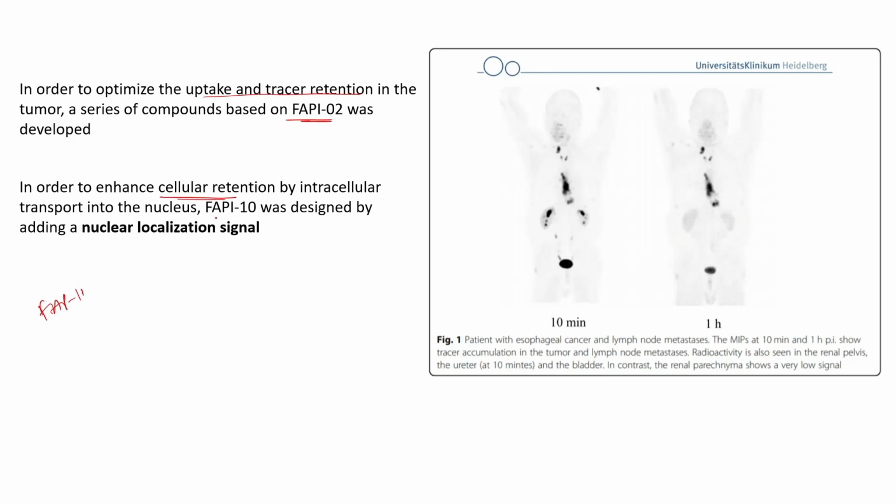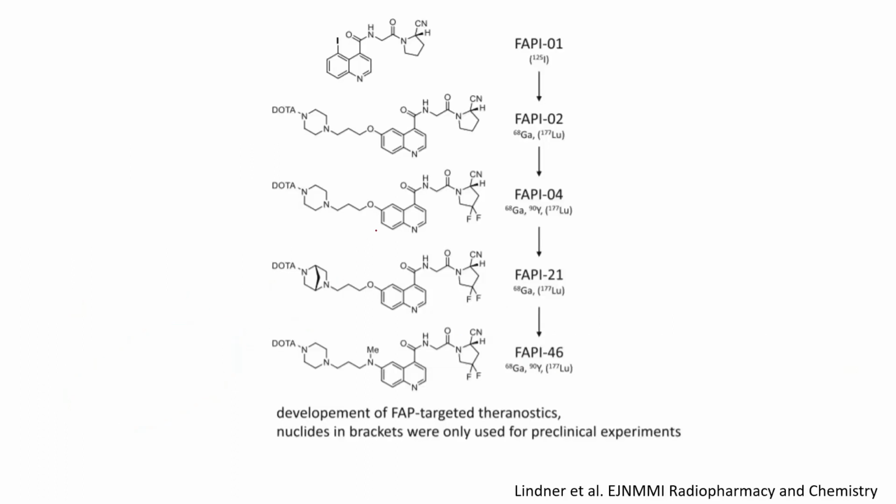What they have done basically is, suppose that's the FAPI structure, they added a nuclear localization signal, or NLS, and it resulted in great intracellular retention and transport of FAPI10. But FAPI10 is not being used as of now, while FAPI4 is very popular these days. So that's how things have evolved.